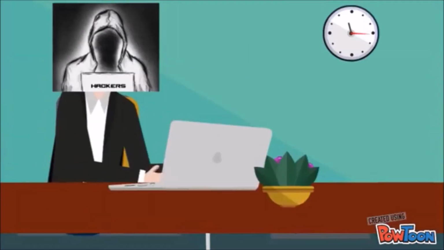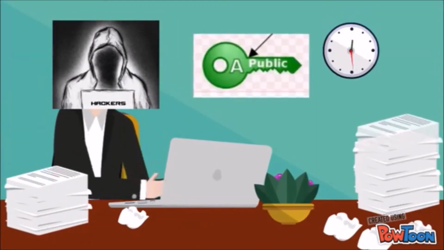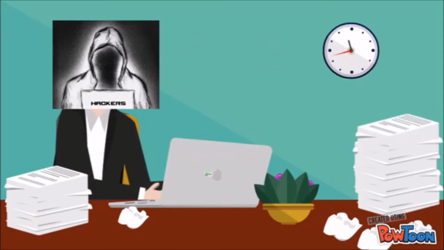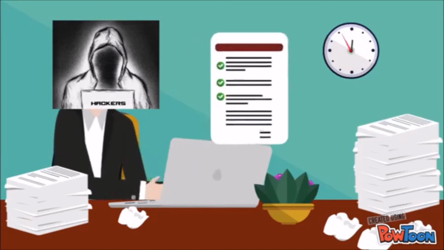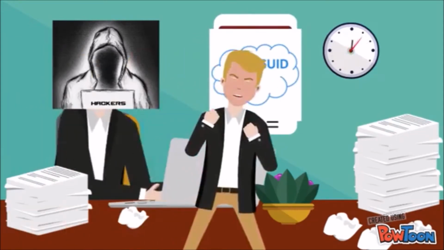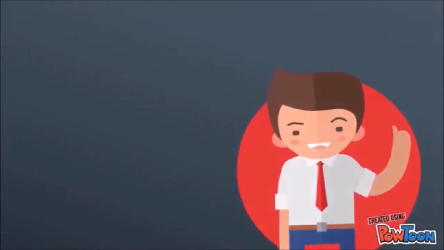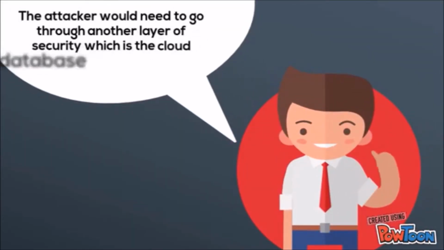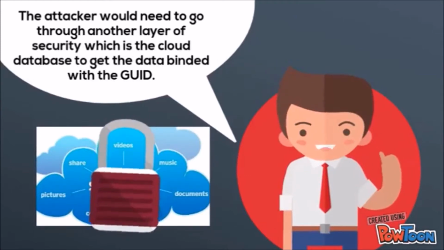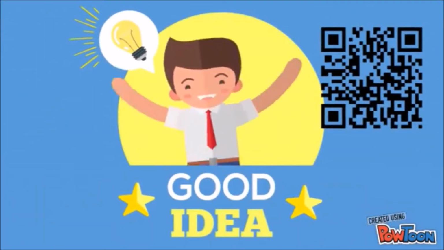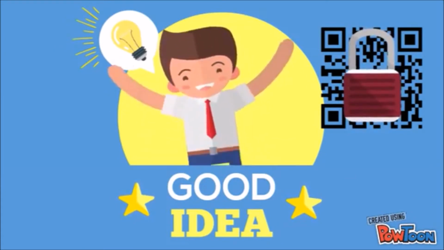With this, even if the attacker by any chance obtains the public key to decode the digital signature and gets the information stored, what the attacker will get is only the GUID. The attacker would need to go through another layer of security, which is the cloud database, to get the data bound with the GUID. This has hugely improved the QR code security in message sharing.